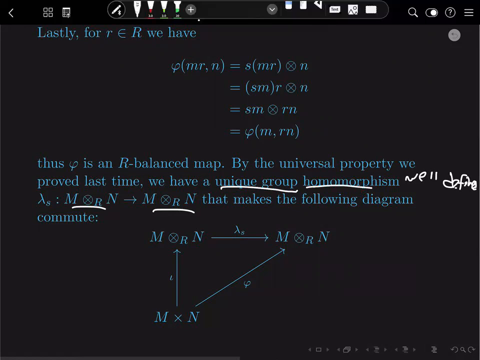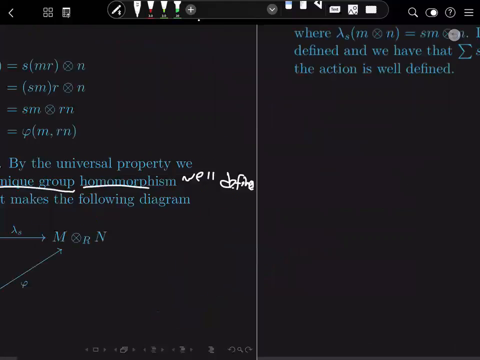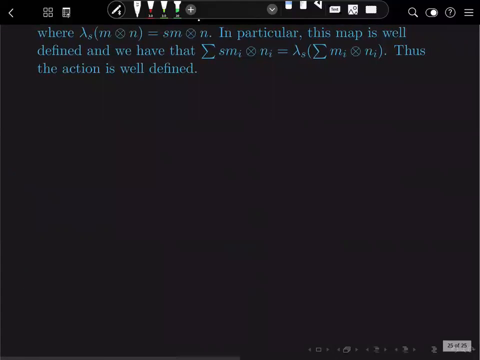Since this homomorphism is well defined, and this homomorphism represents the action, we know lambda s of m tensored with n is equal to sm tensored with n. And as I said, the map is well defined, so the action is well defined.